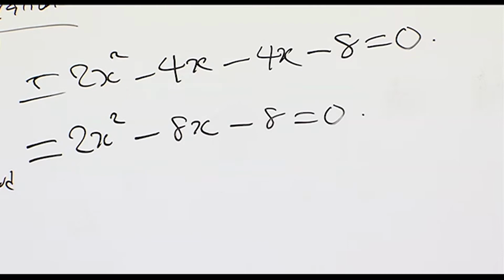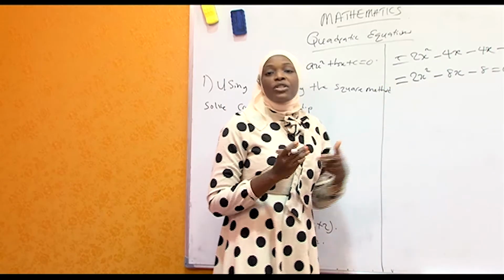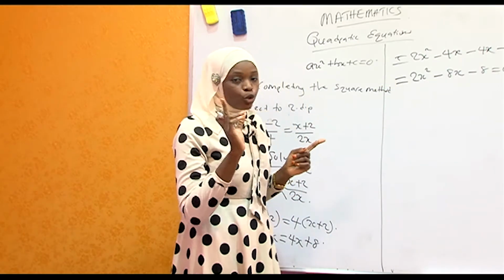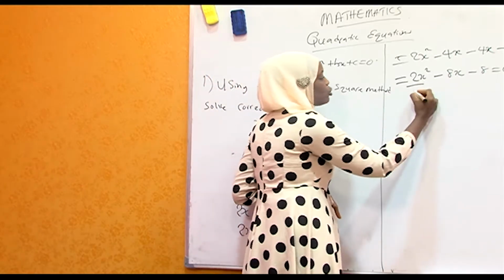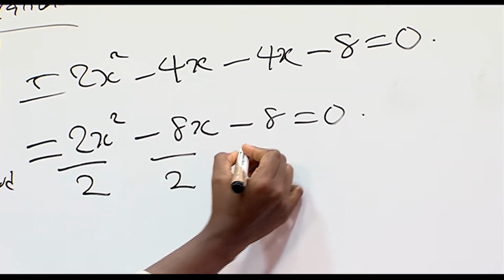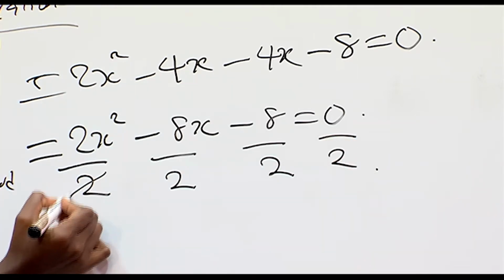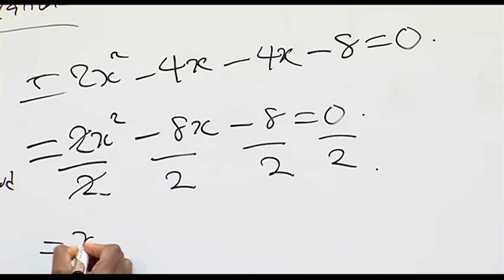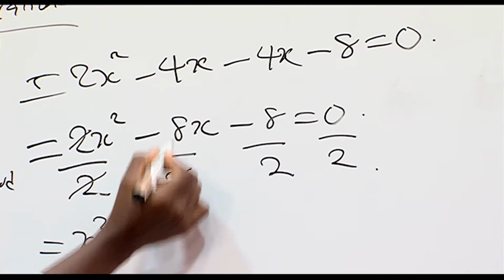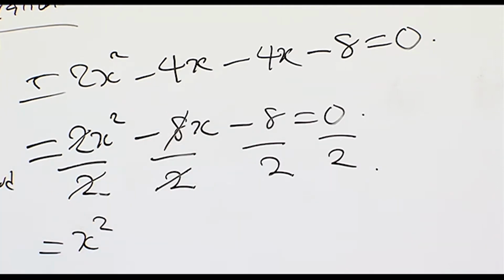So making the coefficient of x squared to be 1, you divide all through by 2. So dividing all through by 2, divide this by 2, divide this by 2, divide this by 2. I have 2 into 2, this is now x squared. 2 into 8, you have 4, minus 4x.